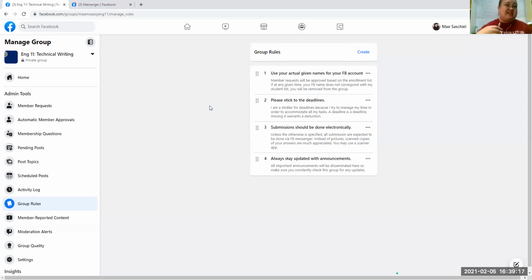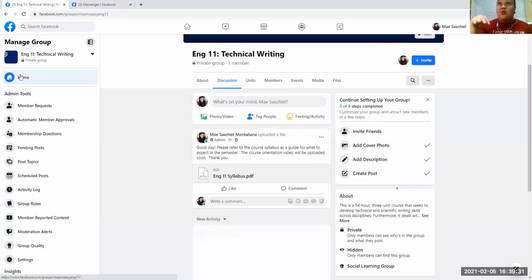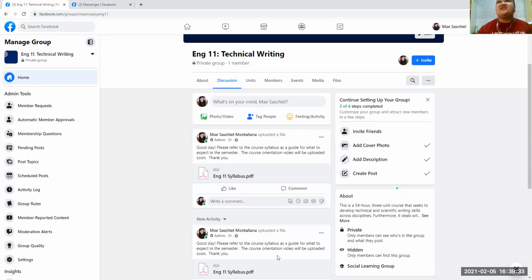If people keep posting and posting, the important posts are drowned in those messages. So here, once you view the group, you can view the posts right away. There is no chance that an announcement has been drowned by other useless posts.